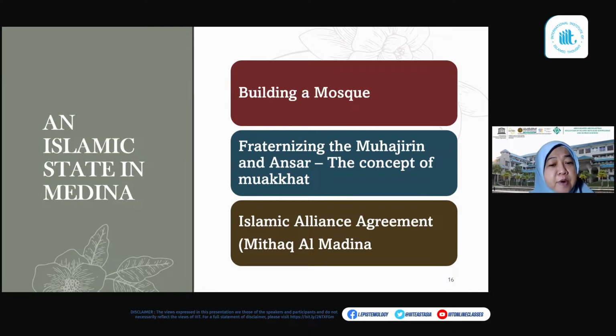The next thing that the Prophet did was to develop an alliance agreement. This one is not only between the Ansar and Muhajirin, but also between those people and the Jewish people. This is called Mithaq al-Madinah. And everything is done with the cooperation of everyone who lived in Medina at that time.